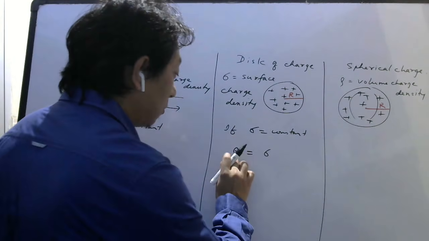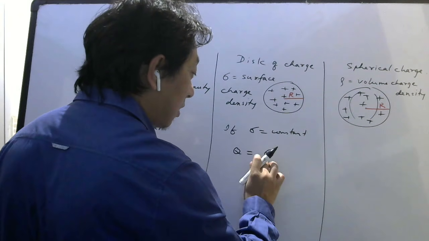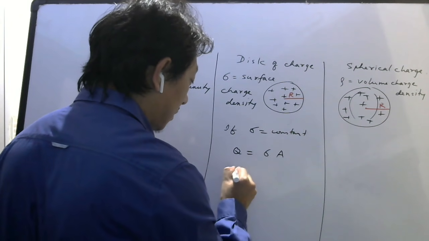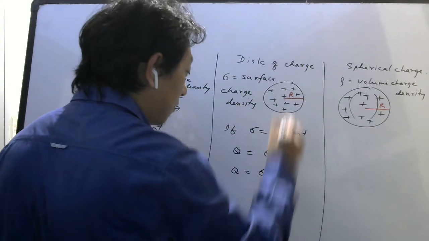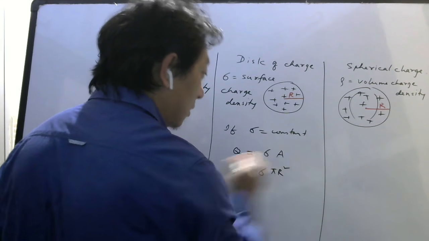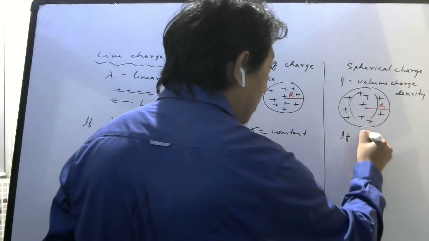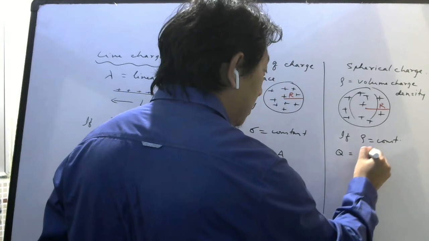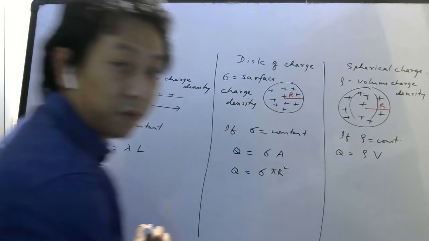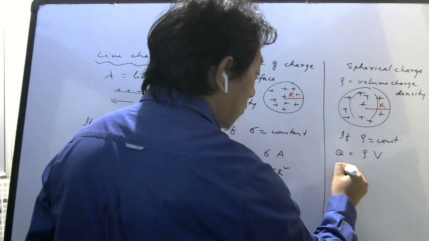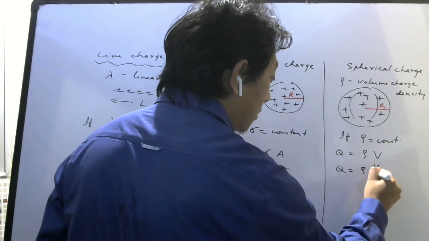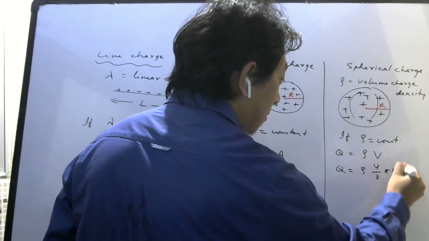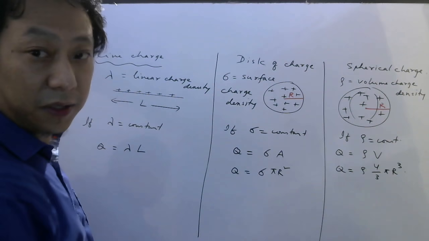So if you want to find charge of the whole disk, you just multiply this with the total area. And what is the total area of this? Pi r square. Similarly, if your density is constant, what will be the total charge? Density into volume, because it is in a volume. And what will be the volume of a sphere? 4 by 3 pi r cube. Is it clear or not, students?